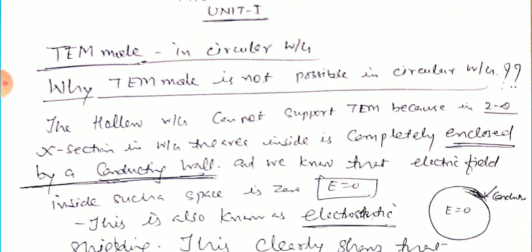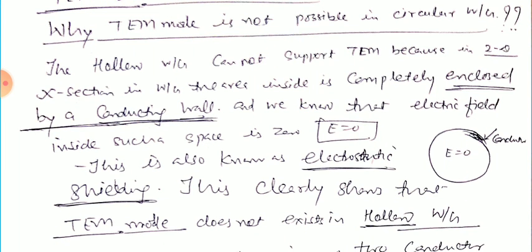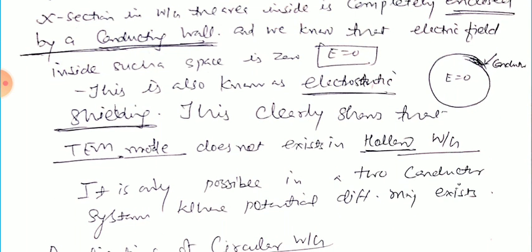Inside any conductor the electric field is 0. So if we consider the circular waveguide, then inside it the electric field is 0. Earlier in the previous classes we have discussed this is called electrostatic shielding. So this clearly shows that the TEM mode does not exist in the hollow waveguide because the electric field is 0 inside it.